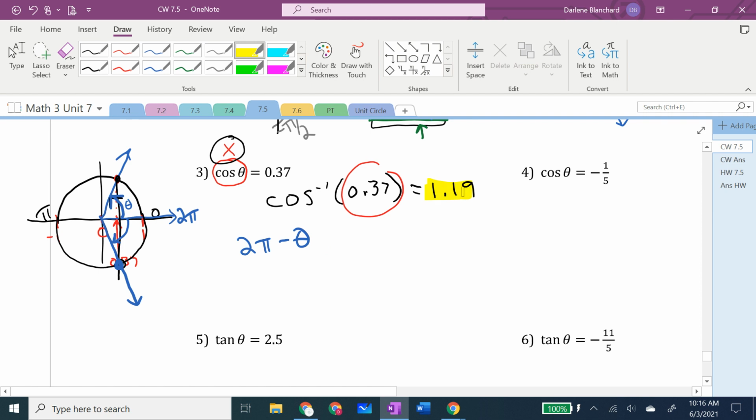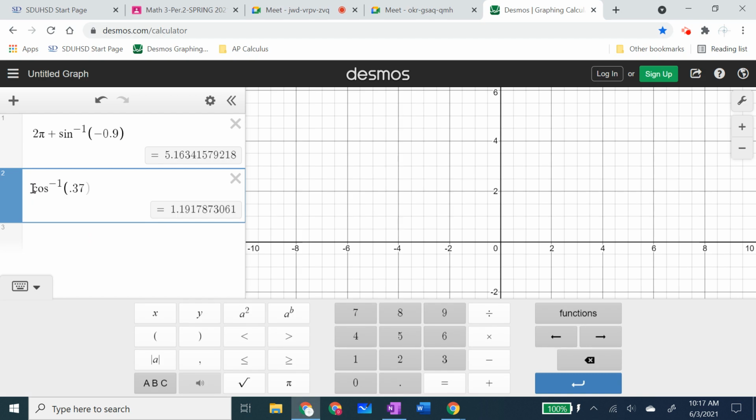So this is the theta that my calculator gives me. 2 pi minus that angle will give me the angle that starts here and goes around and ends there. So it's 2 pi minus 1.19, and now it's 5.09.